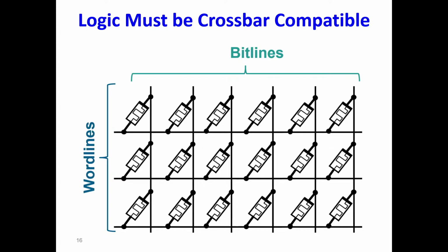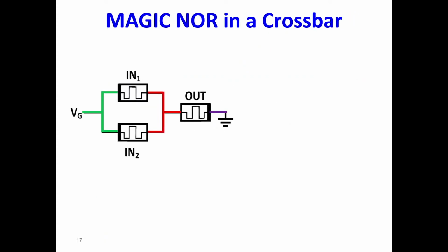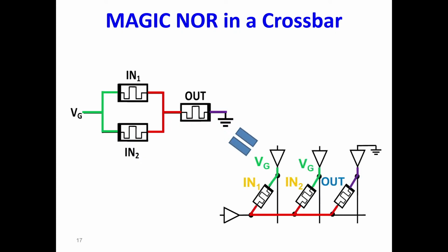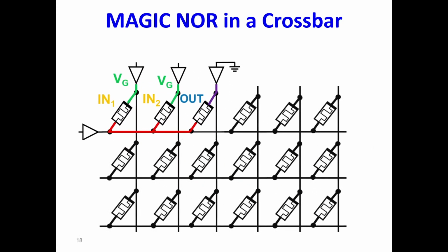And actually, if you look, for example, at the NOR gates that I showed earlier, and now it's marked with colors, so it will be easy to follow the connections, an equivalent circuit is this circuit. If you follow, you see that all memristors are connected through the red line, and here all the memristors are connected through the red lines, and it goes the same with the other colors. So actually, this is a row inside the crossbar.